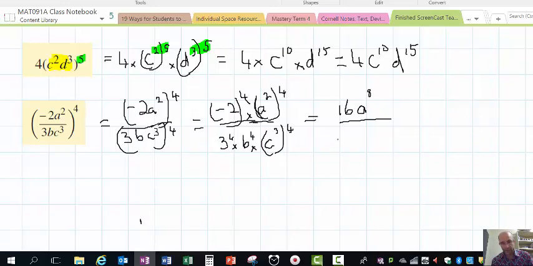On the bottom, 3 to the power 4: 3 by 3 is 9, by 3 is 27, by 3 is 81, times b to the 4. c cubed to the 4 is c to the 12. Okay, there's one check there. Can we simplify it any further? Not really, so that's our answer there. They're not all that difficult. Those last two were above average difficulty.